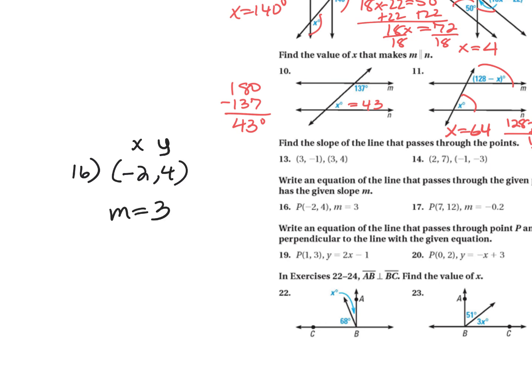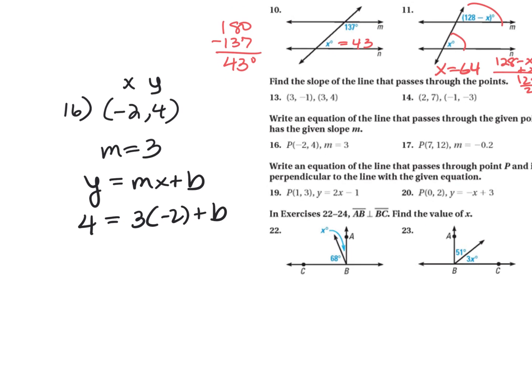Remember, this is x, this is y. I'm going to be plugging it into y equals mx plus b. So I'm taking out y, putting in 4, taking out the m, put in 3, take out the x, put in negative 2, and then plus the b.